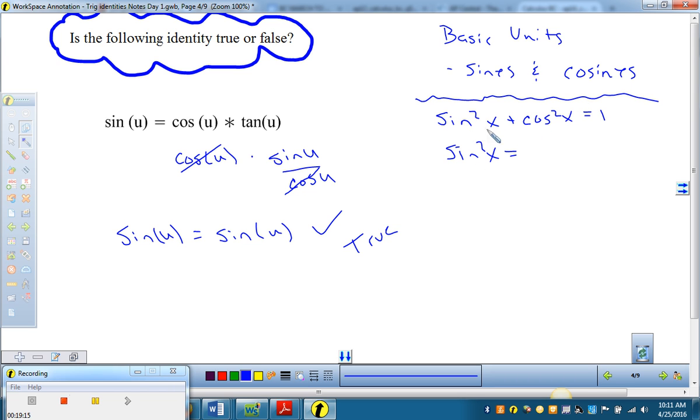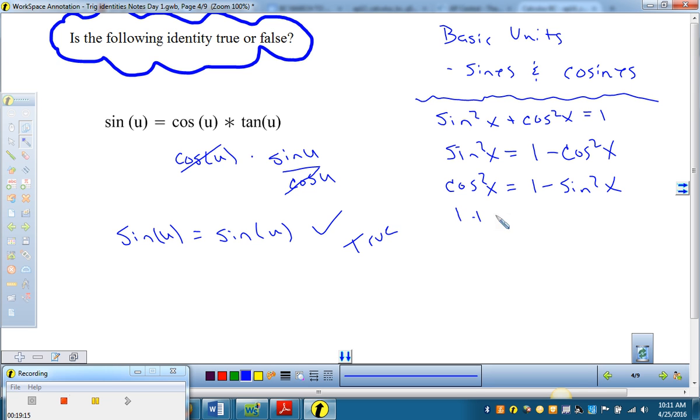Do the algebra, get sine squared by itself. What would it be? 1 minus cosine squared. It's just using algebra to rearrange the equation. And then cosine squared x would be 1 minus sine squared.